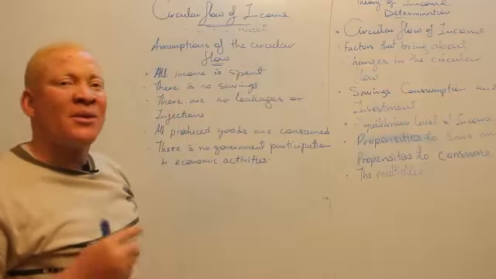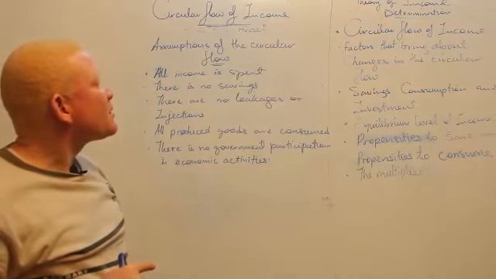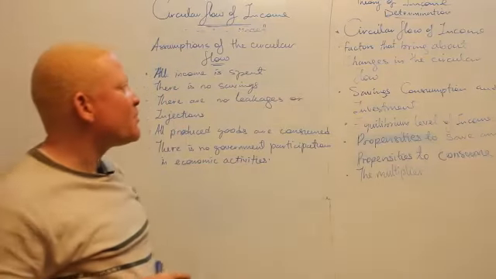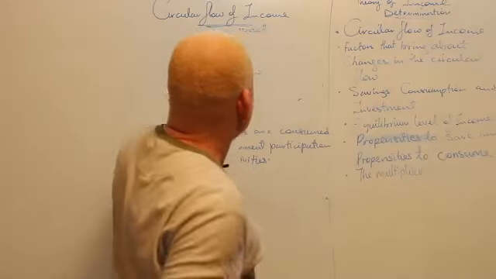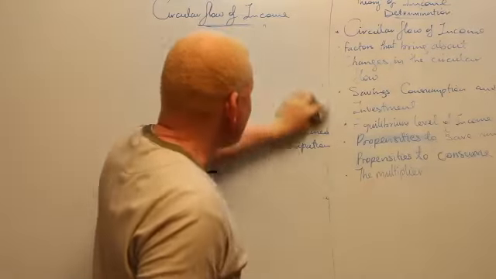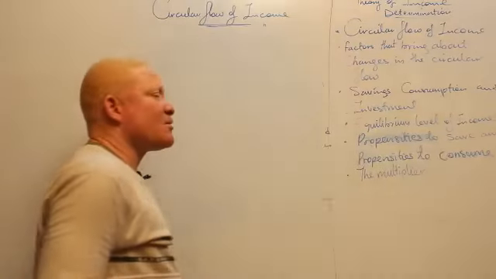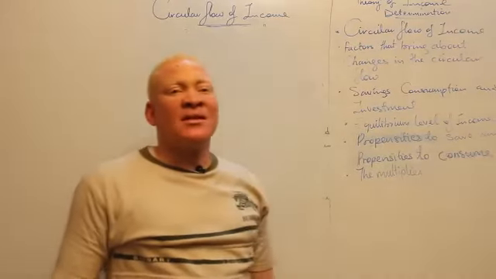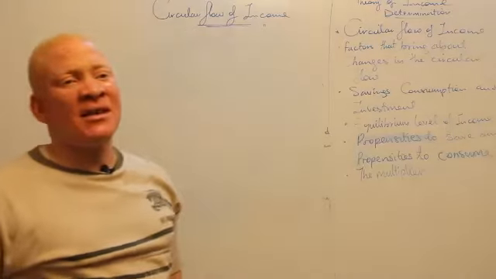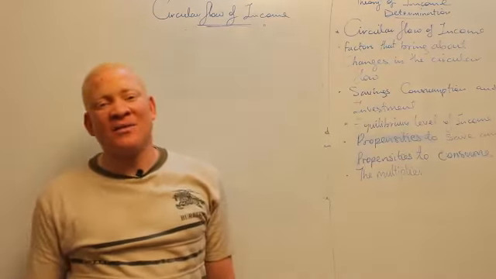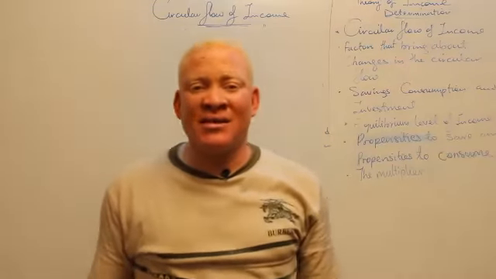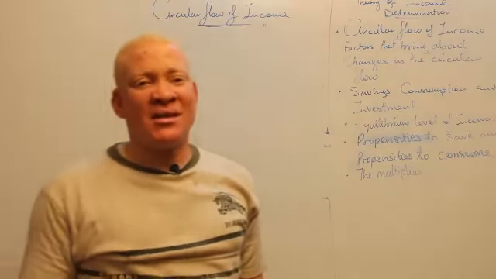But before then, it's worthy to mention that there are other much more advanced models of the circular flow. There is the 3-sector and 4-sector model that involves the government and the external sector, that is the import and export. Then we have the 3-sector model, which has the government sector within it.